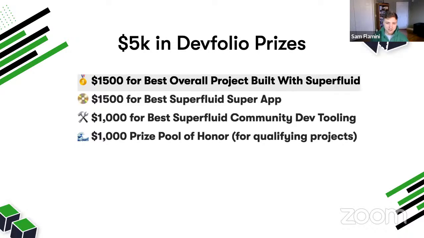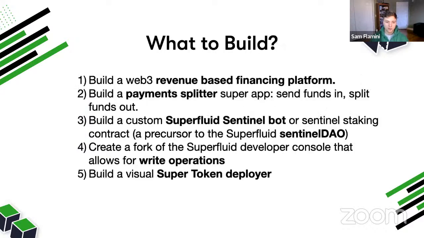And then in terms of ideas, we have lots of ideas. I put a few ideas inside the Find a Team channel and also the ideas channel in the Discord. But we'd love to see somebody build a revenue-based financing program on top of Superfluid. This is big. I'd love to see this happen. This hasn't happened yet, but it's such an obvious idea to me that I'd love to see somebody build it.